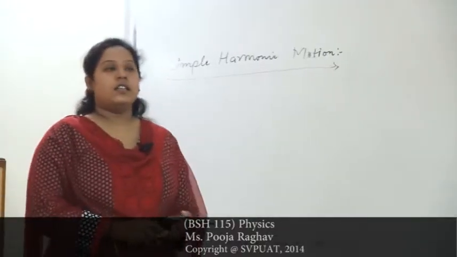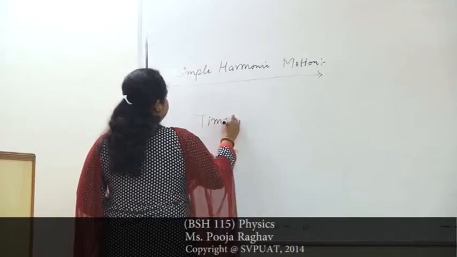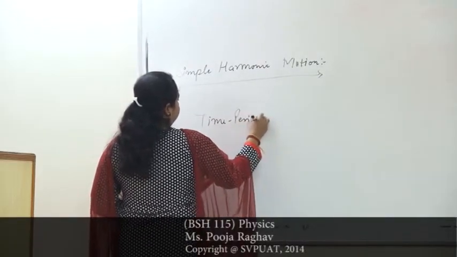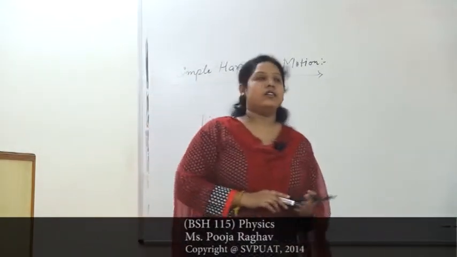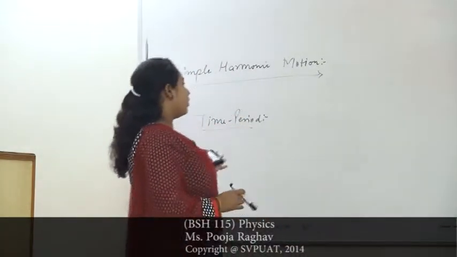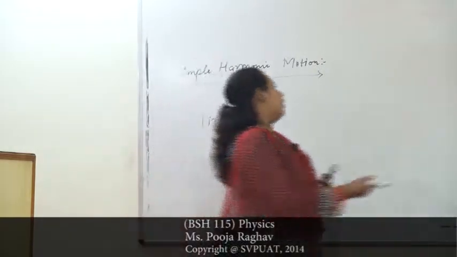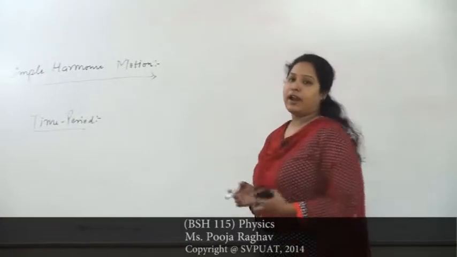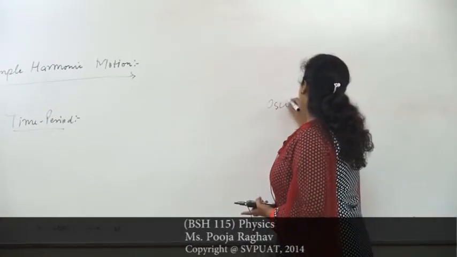And what is the time period? The time interval after which a body repeats its motion is called the time period. And if a body moves to and fro, its motion is called oscillation.